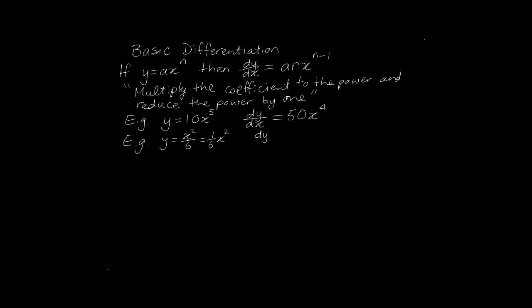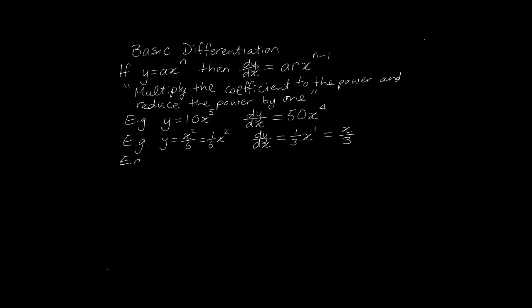So to get the gradient function then, dy dx, we can multiply the 2 and the 1/6, giving me 1/3, then reduce the power by 1, which is x to the power of 1 here, and because x to the power of 1 is really just x, I can write this in a more simplified way as x over 3.